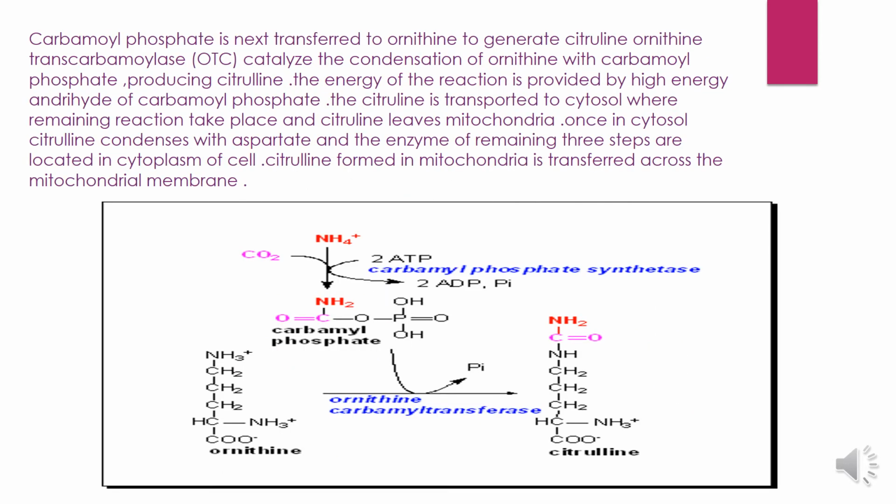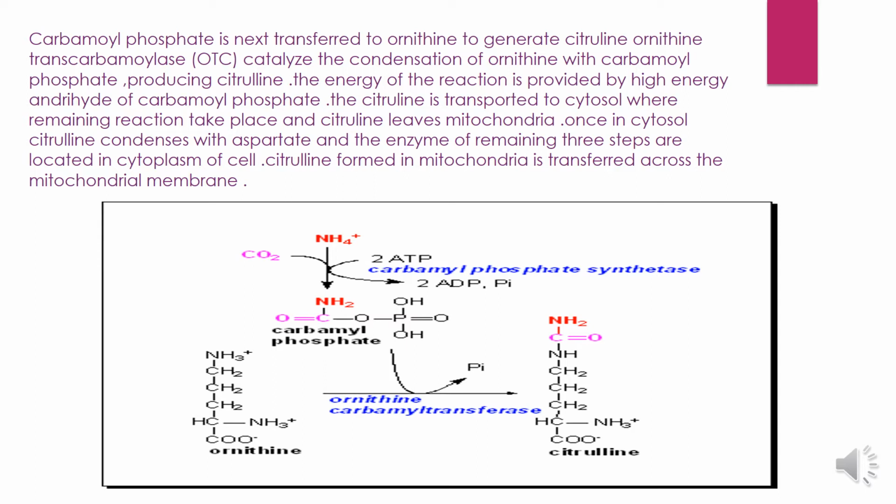The carbamoyl phosphate is next transferred to ornithine to generate citrulline. Ornithine transcarbamylase catalyzes the condensation of ornithine with carbamoyl phosphate, producing citrulline. The energy of the reaction is provided by the high-energy anhydride bond of carbamoyl phosphate.